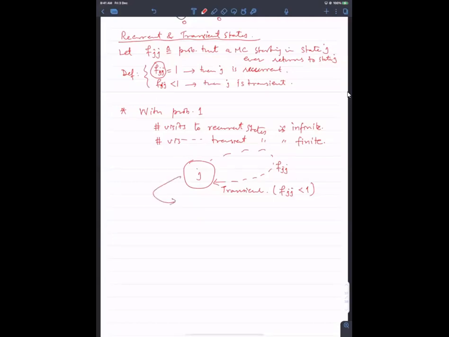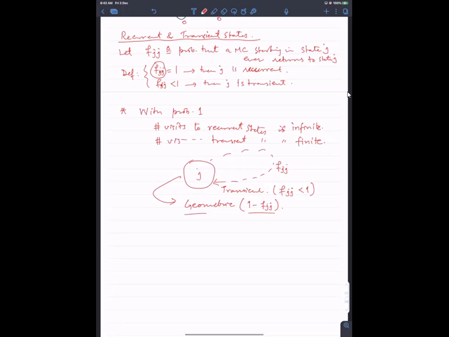So that means the number of visits that you will have here would be a geometric random variable with parameter 1 minus Fjj. तो geometric random variable, if you recall, वो क्या होता था कि आपको success चाहिए होती है, ठीक है, with some probability p, and success in this case is never coming back to state J. That is success.